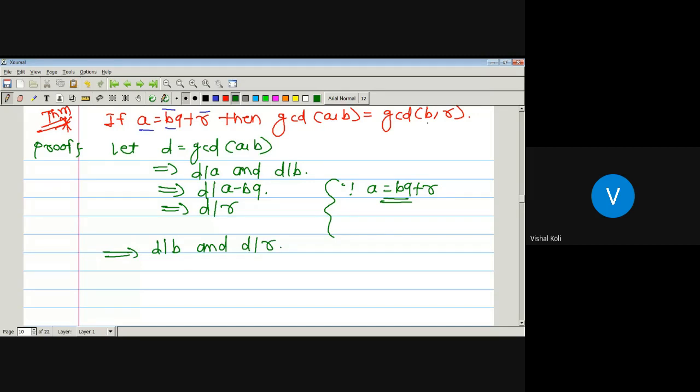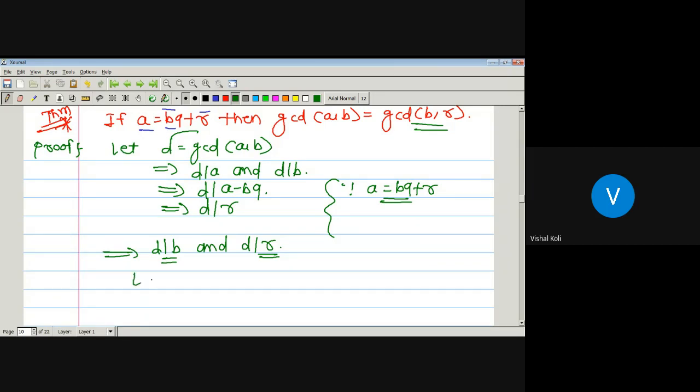As we have to show that GCD of B, R is D, it means we have to show D is a common divisor of B and R, and that it is the greatest divisor of B and R. So here we get that a common divisor of B and R is D. Now it remains to check the second condition of the greatest common divisor.